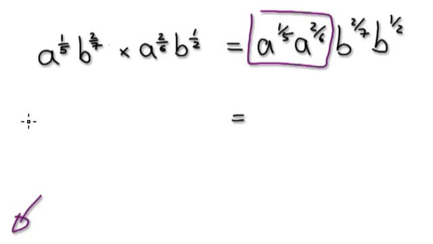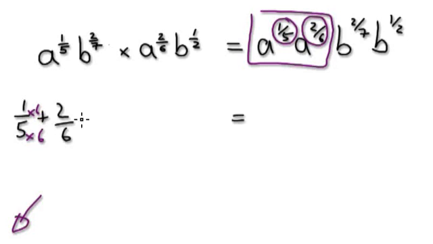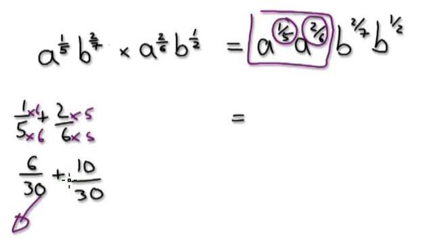Basically we've got to add these two together, so 1 over 5 add 2 over 6. So let's times top and bottom here by 6, and over here times top and bottom by 5. So this will be 6 over 30 plus 10 over 30. Now the two denominators are the same.